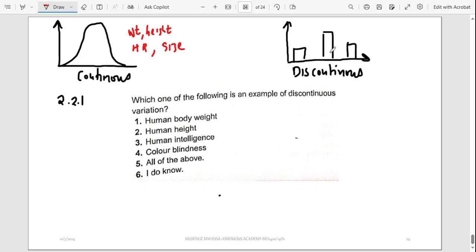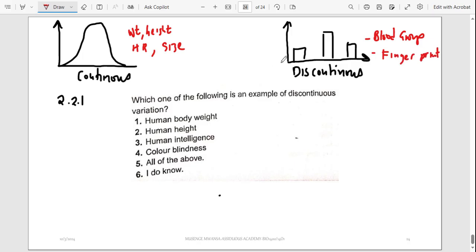But discontinuous variation has distinct categories and there is no in between. For example, blood group. You are either blood group A, B, AB, or O. You cannot be blood group O and A at the same time. You can only have one. Besides blood group, you also have fingerprint. You only have one fingerprint. You can't have a lot. That is a discontinuous trait.